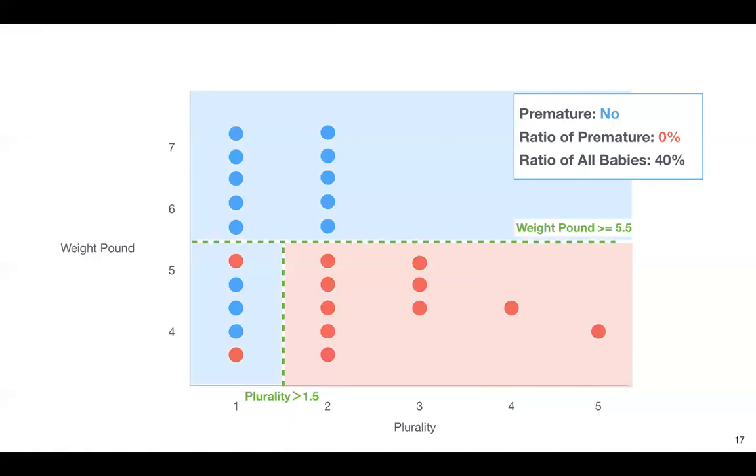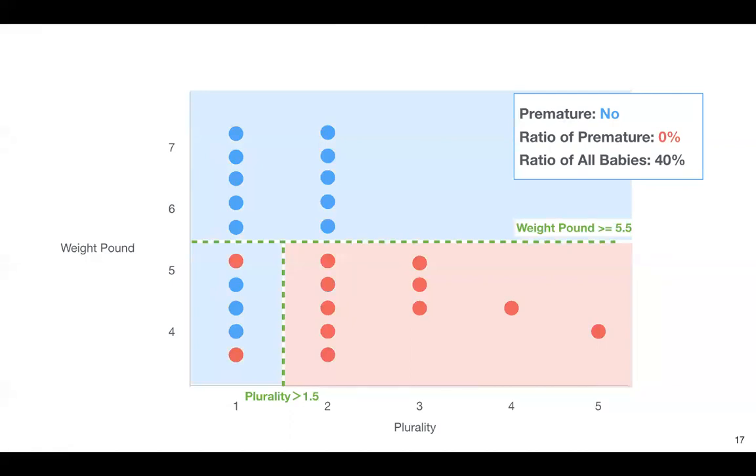The majority of the babies in this case are not premature because it's blue color, right? So if you ask the question, hey, are these babies premature? The answer is no, so the majority are no. And then the ratio or percentage of premature babies in this bucket is 0%, okay?